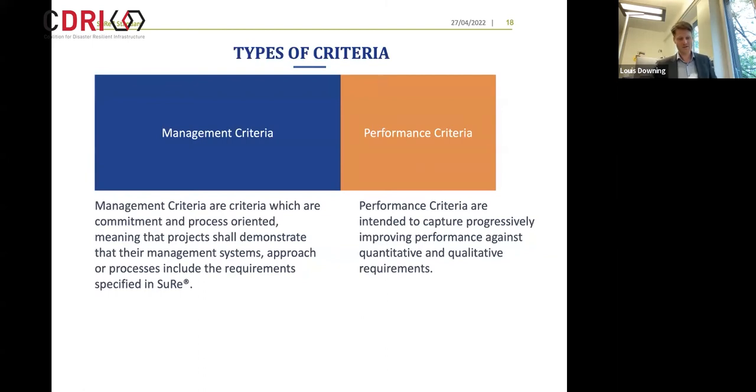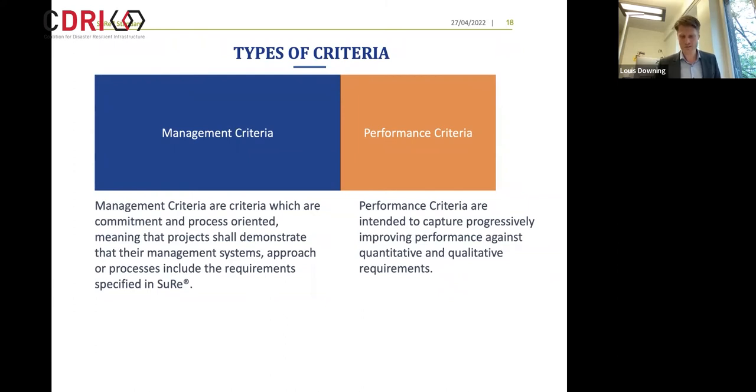There's two types of criteria: management criteria, which are typically focused on commitments and processes. So, for example, what kind of management systems do you have in place, or what kind of processes or policies. And then there's performance criteria, which are more quantitative.